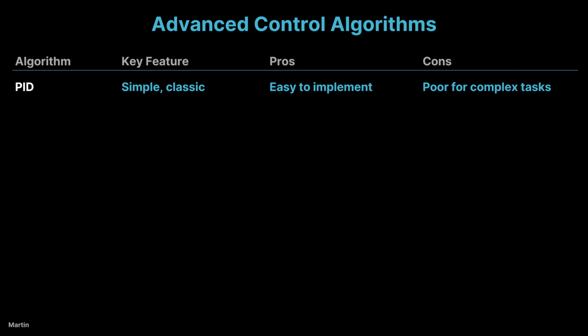PID control is often considered the baseline flight control algorithm due to its simplicity and effectiveness in many flight scenarios. However, as the complexity of the system increases or the need for higher performance grows, more advanced control algorithms can be used.